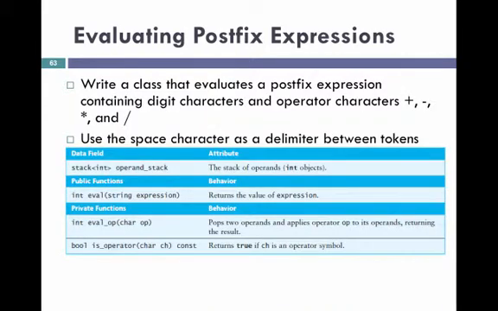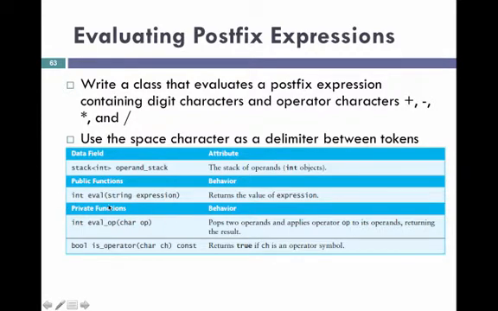So we'll write a class that evaluates a postfix expression containing digit characters and operator characters. These are the operators. And the space character is a delimiter between the tokens. So we're going to have an operand stack, which is the stack of operands. And these will just be int objects.